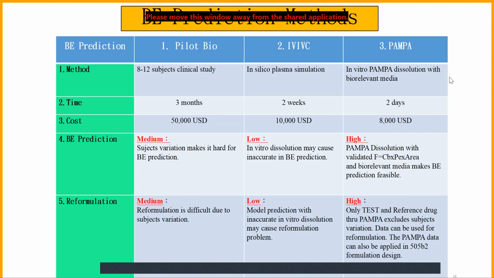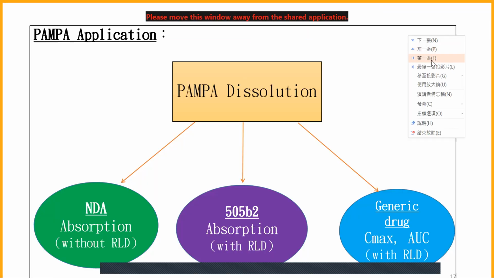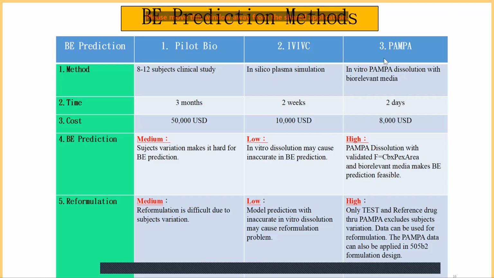So to make a final conclusion, a comparison of these three methods in terms of BE prediction. The first method we just talked about, and then this IVIVC method, I think some people might already use it, using software to do the BE prediction. Okay, and the third method is the PAMPA method.